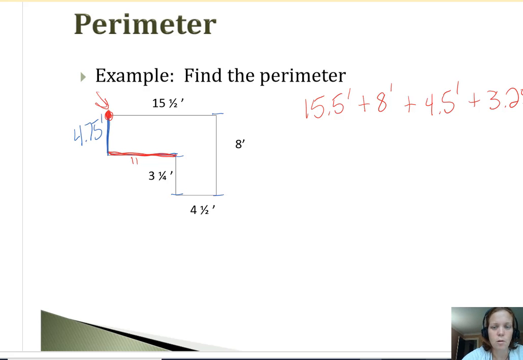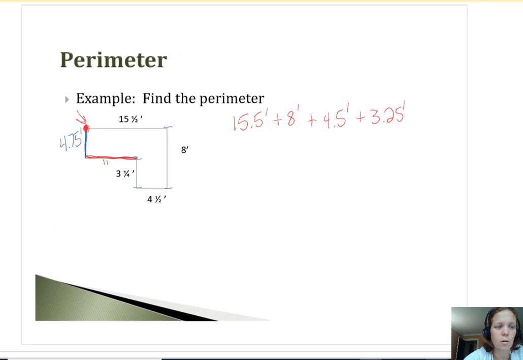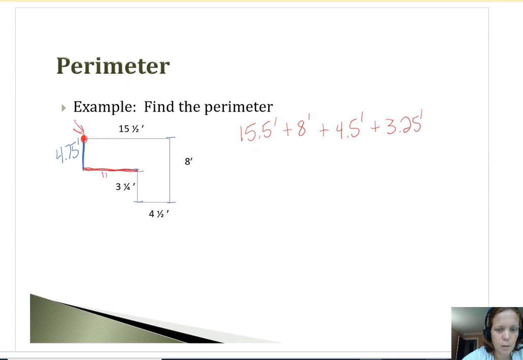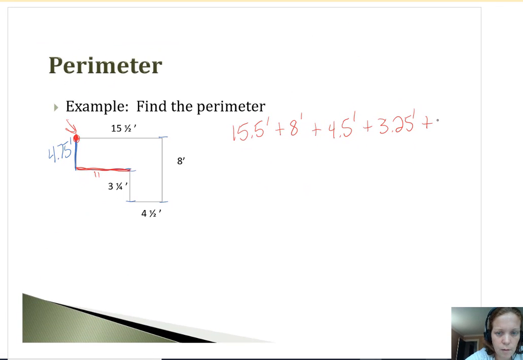Ooh, and I'm going off my screen. Zoom out a little. Plus 11 feet, plus 4¾ feet. Okay, so if I add all these up, 15.5, 8, 4.5, 3.25, 11, 4.75, I'm getting 47 feet all the way around.